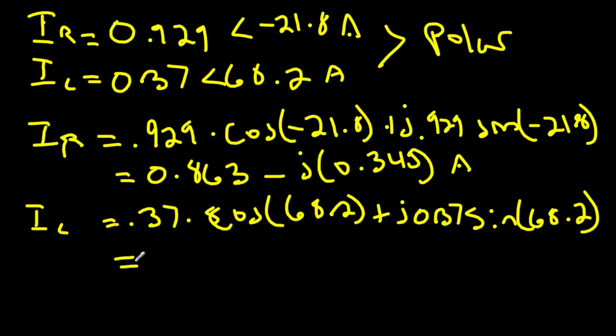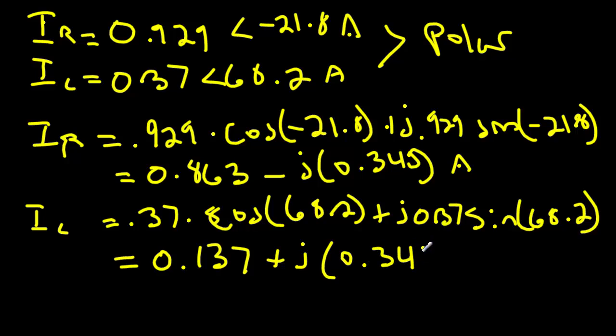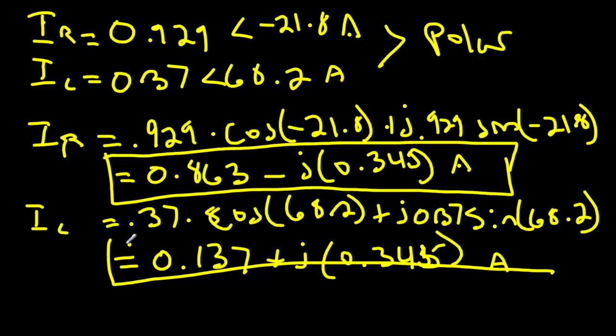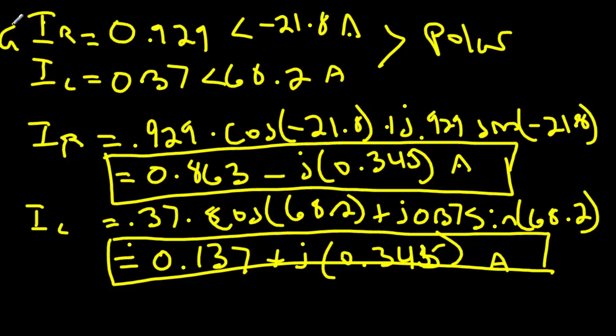This comes out to equal 0.137 plus j times 0.345. And this is also in amps. So this term is the rectangular form for I_R, and this is the rectangular form for I_C. And this was what part A wanted us to find.